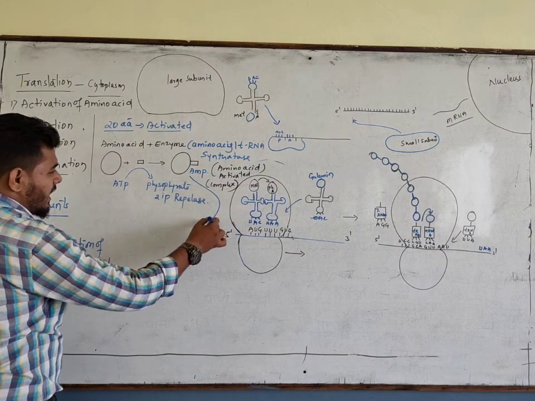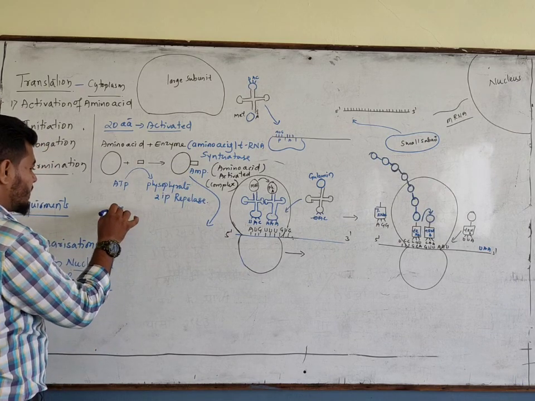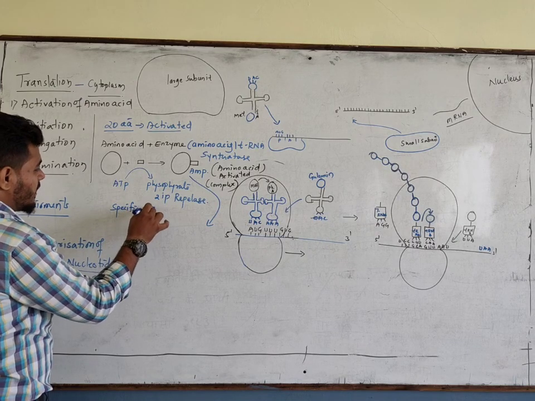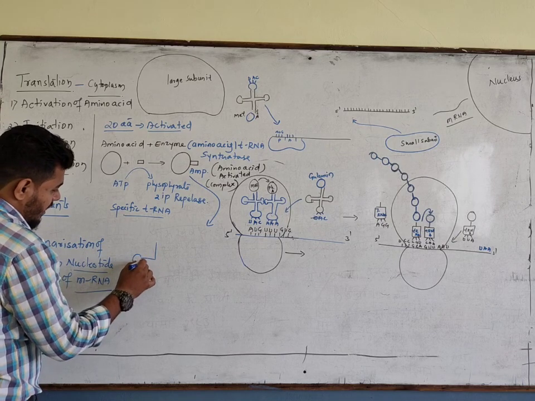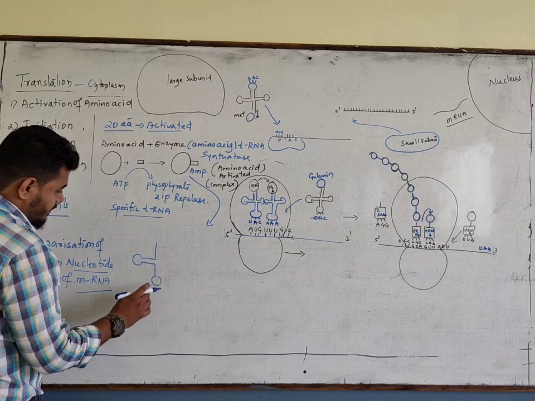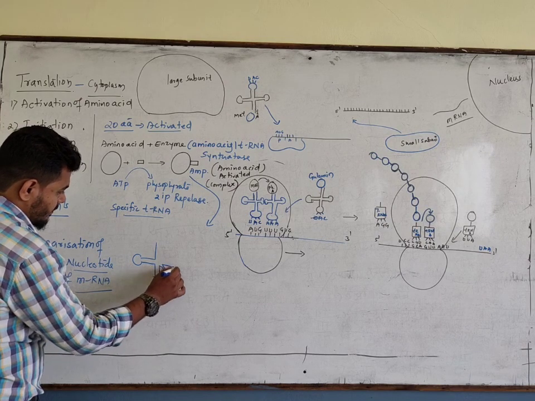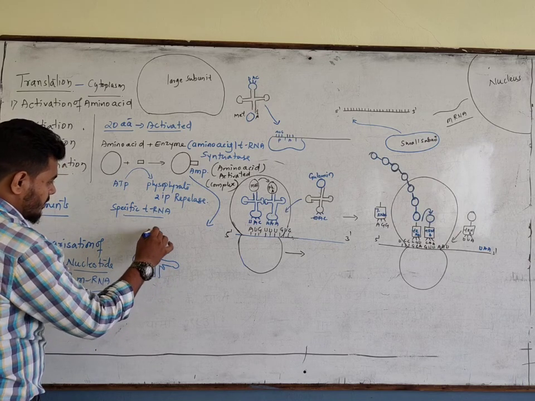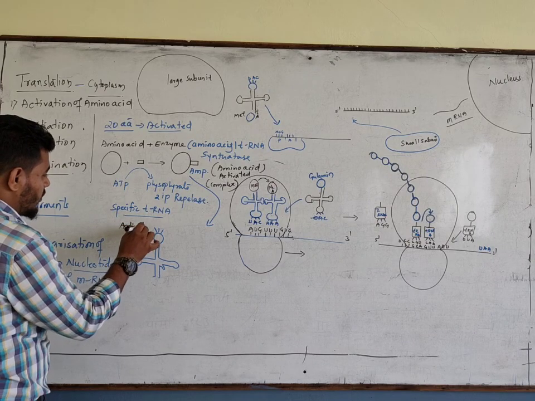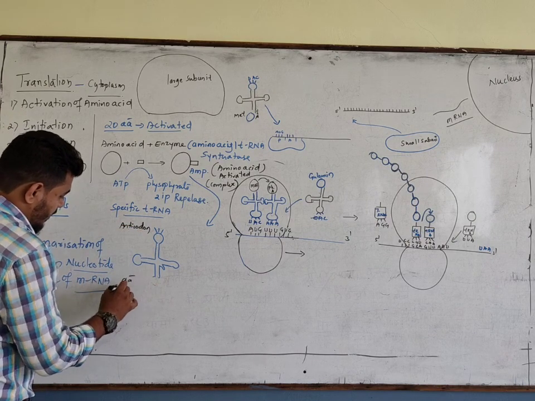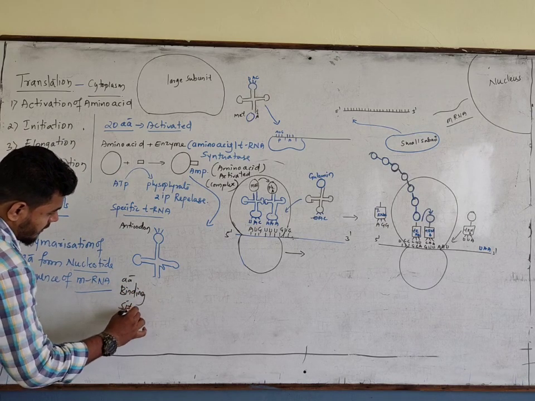Then these activated amino acid complexes move to their specific tRNA for attachment. This is the anticodon loop, and this is the amino acid binding site.